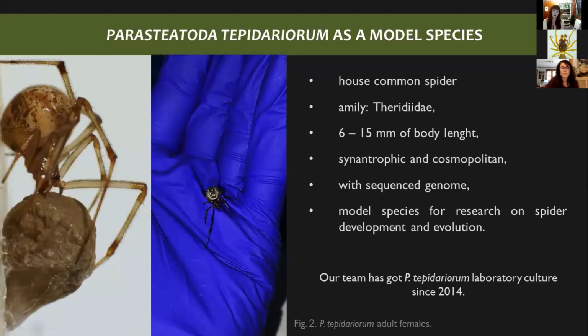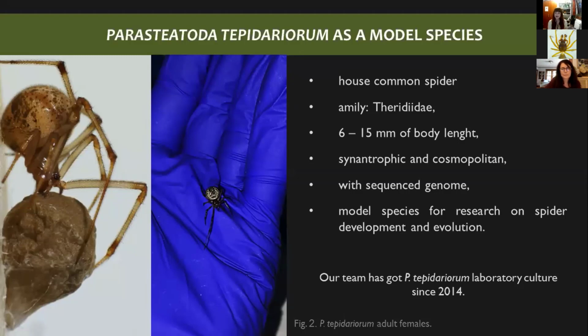All right, so that species is maybe better known as the common house spider, from the family Theridiidae. This is a synanthropic, cosmopolitan species with a sequenced genome, which is very important.